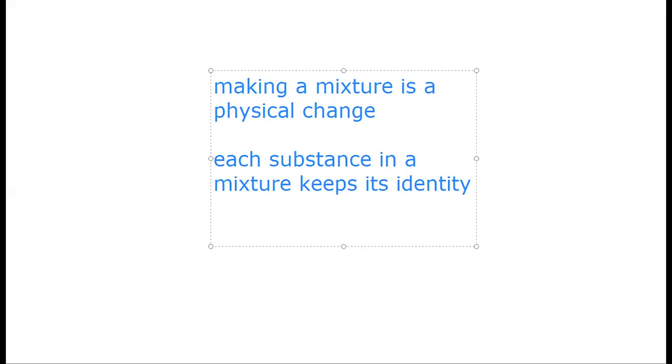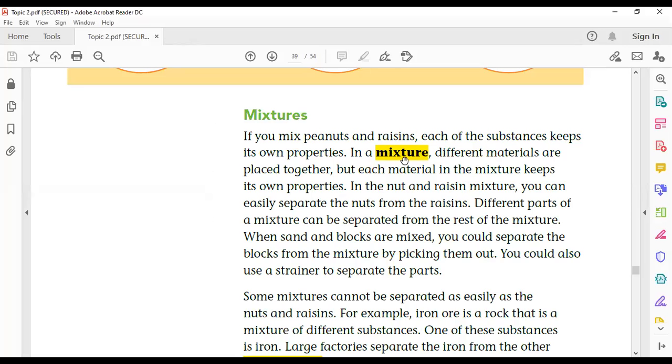Again, in a mixture different materials are placed together, but each material in the mixture keeps its own properties, so it is a physical change. In the nut and raisin mixture, you can easily separate the nuts from the raisins. In this type of mixture, you can separate it easily.